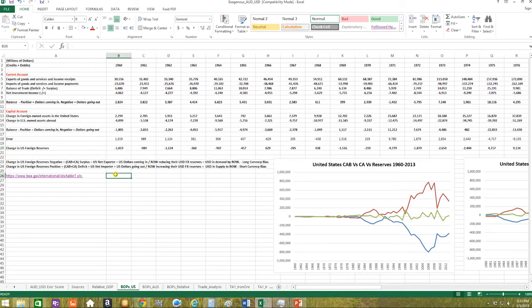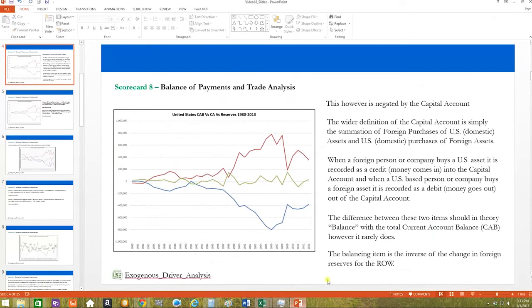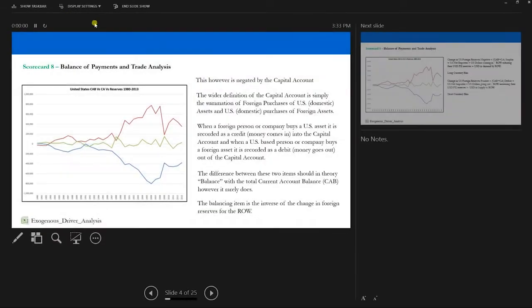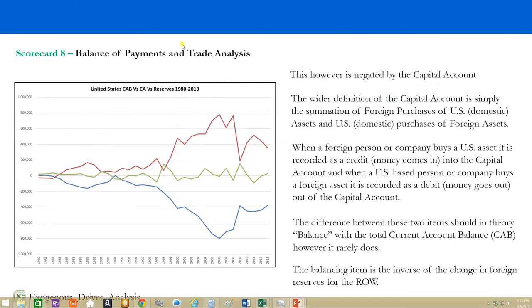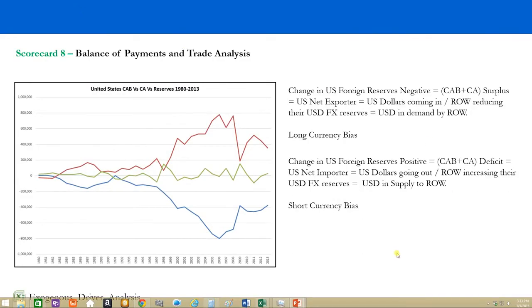So if we go back over to the presentation, let's just put all this together. So the change in US foreign reserves being negative, this means that the US is running a surplus.